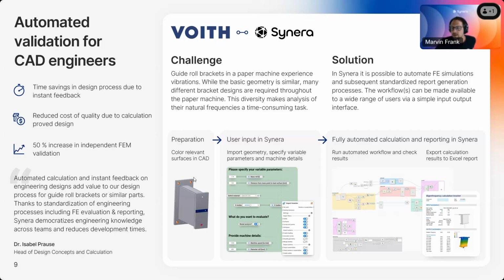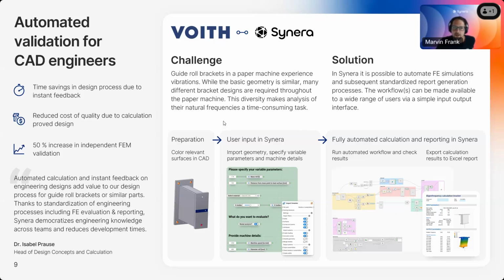There are a lot of design variants of these simple brackets, and they need to be analyzed, and that is a very repetitive and tedious task because more or less they look the same. They need to be analyzed and further optimized. Doing that for each of the variations is a very time-consuming task that can be automated, especially because they are so similar.